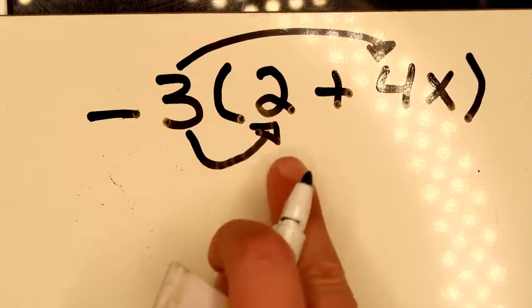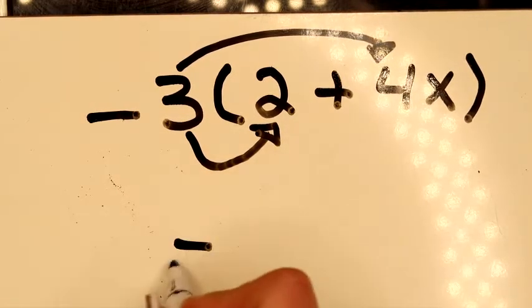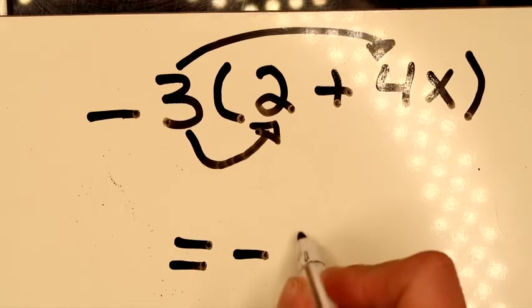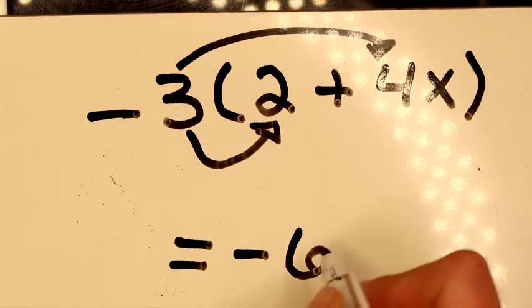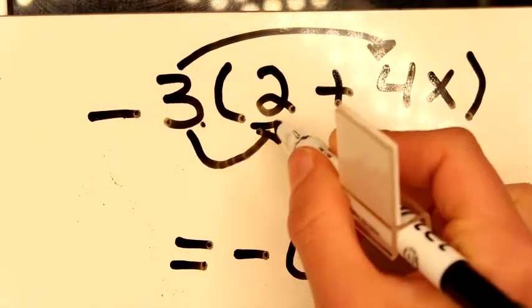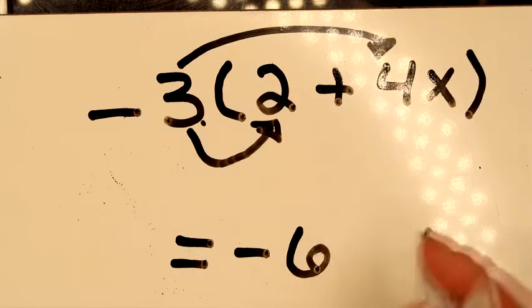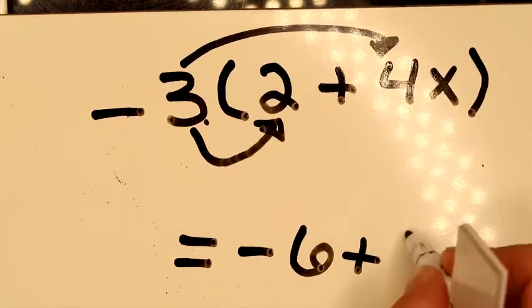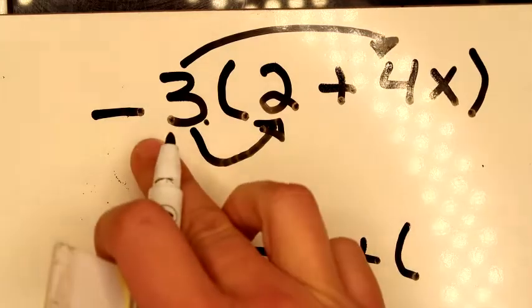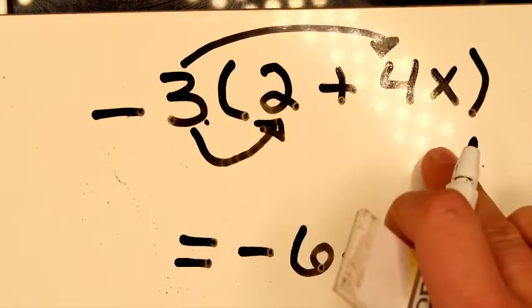-3 times +2 would give me -6, because -3 times +2 is -6, plus -3 times +4x.